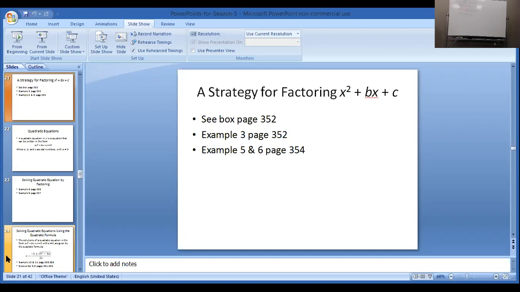Basically you want to find two parentheses with an x as a variable, and you need to have two numbers that will make it equal to that x² + bx + c. Let's look at example 3, I think that will make it more clear.